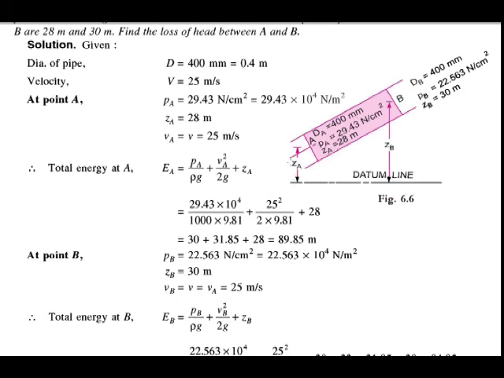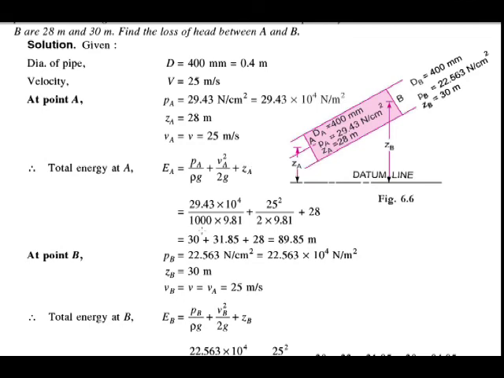Then the total energy at section 1 is equal to pressure head plus velocity head plus datum head at point A, which is equal to PA upon rho g plus VA square by 2g plus ZA.